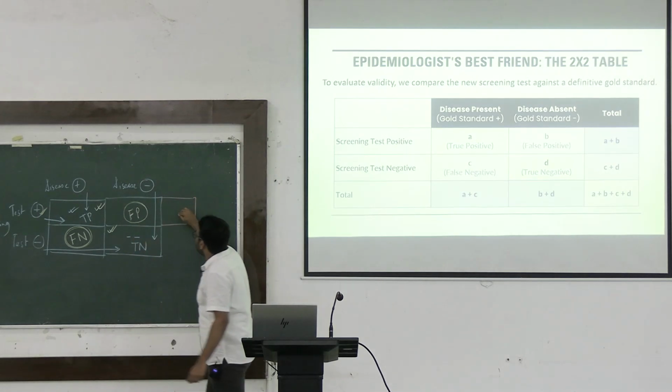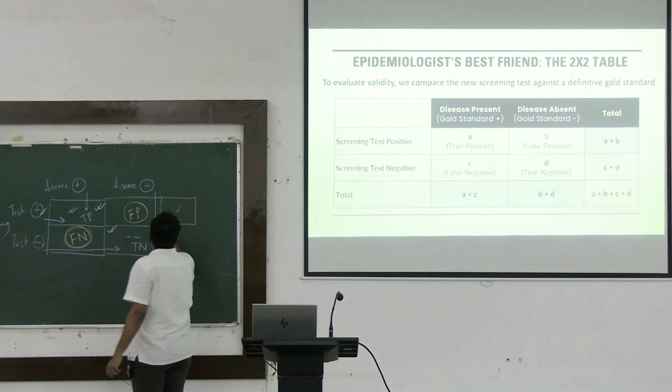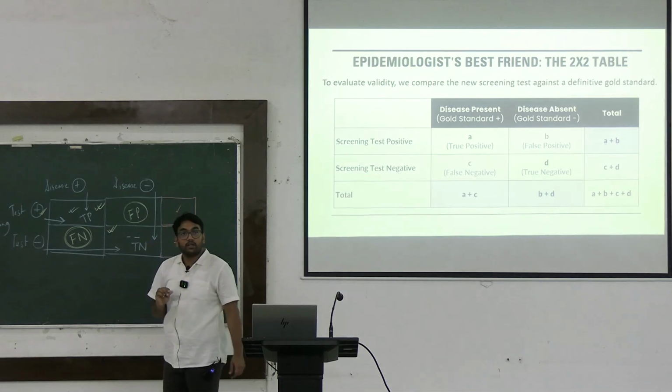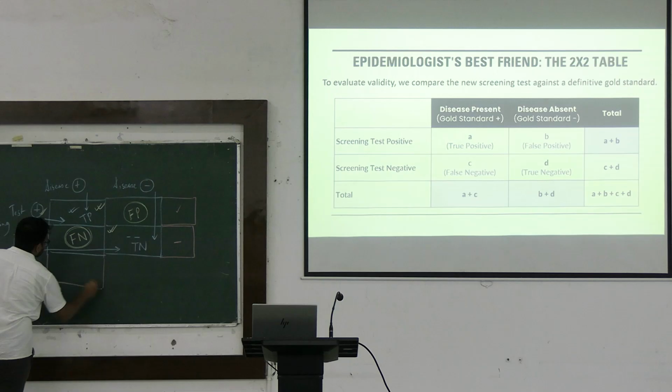So this is the total number of test positives. This is the total number of test negatives. This is the total number of disease positive. Total disease positive.